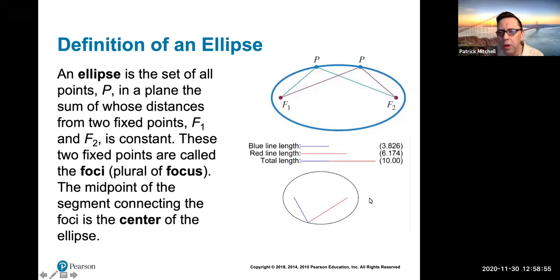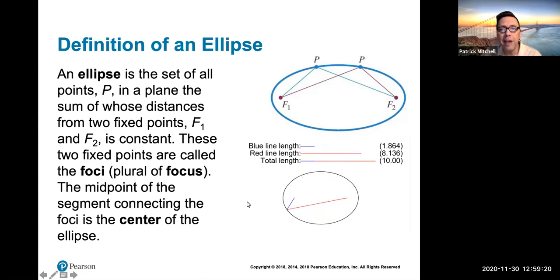Notice you've got a red line and a blue line here, and the GIF is showing you that the total length of the blue line plus the red line remains constant. The midpoint of the segment connecting the foci is the center of the ellipse. Center means pretty much exactly what you would guess it means.